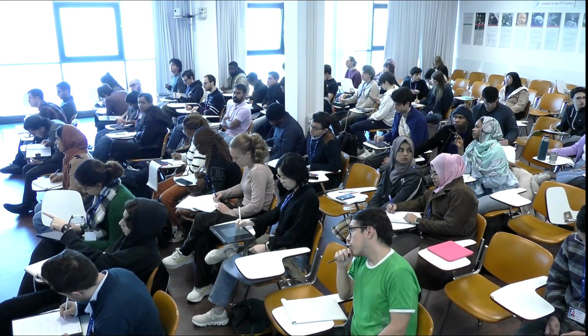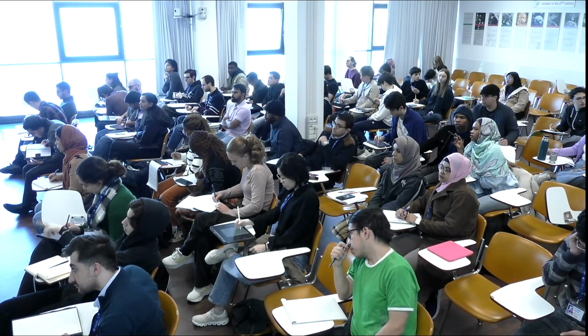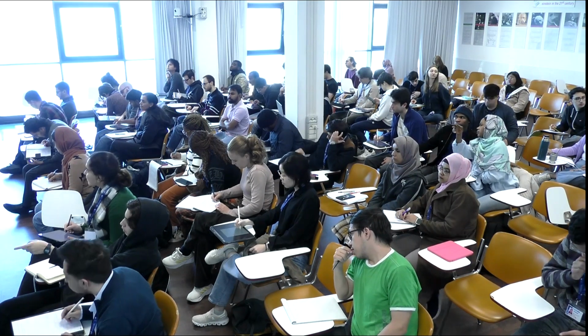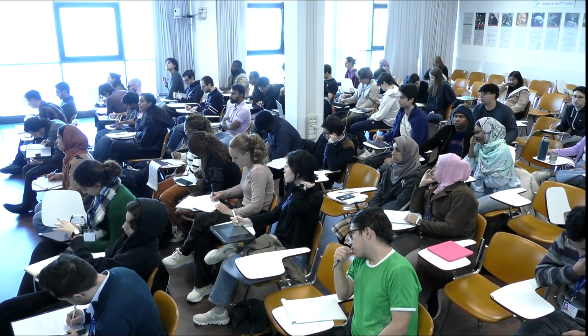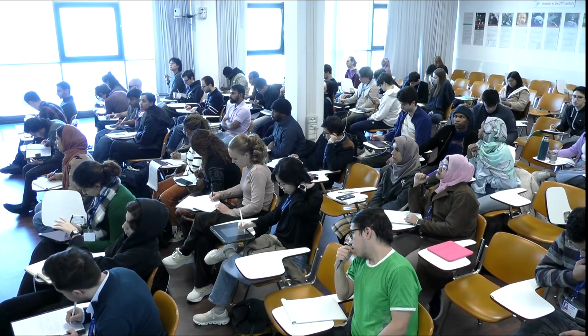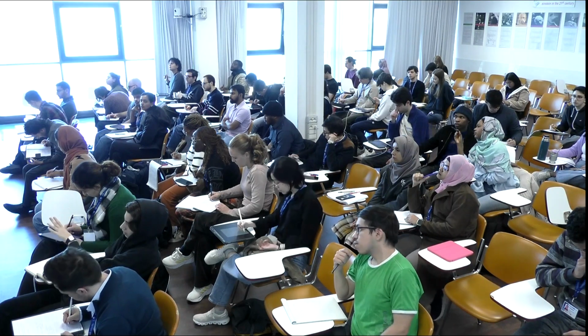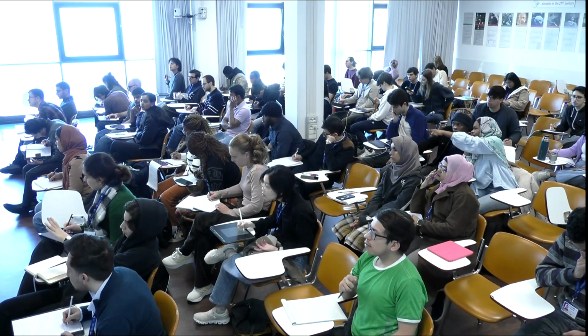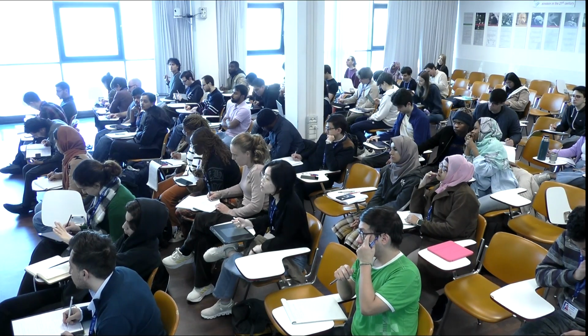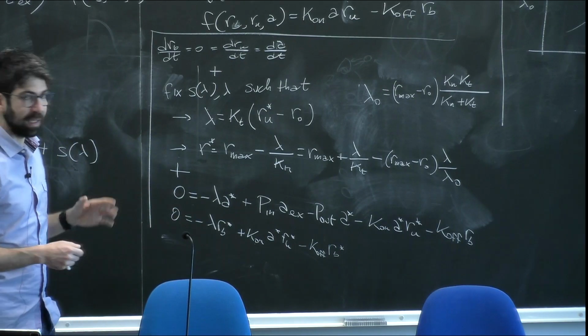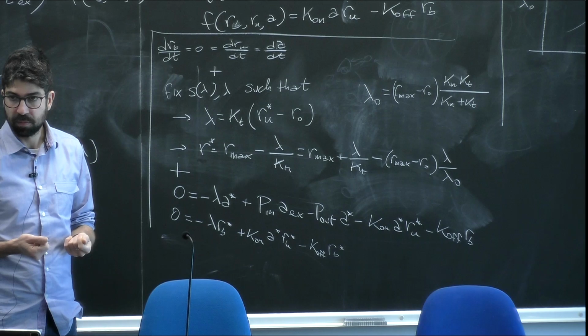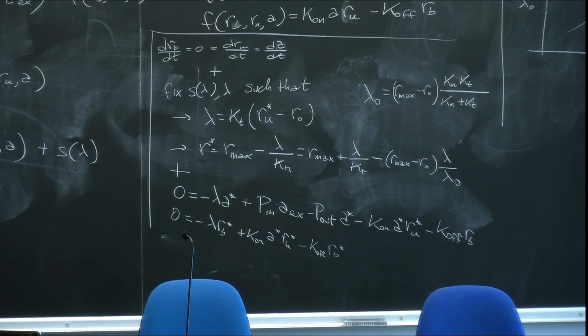Yes? The S of lambda, we said it depends on the nutrients that we're adding to the system, but now we're not saying that. No, we are saying that. Lambda is a fixed point, but it depends on the nutrient. So you have here a dependency on the nutrients.